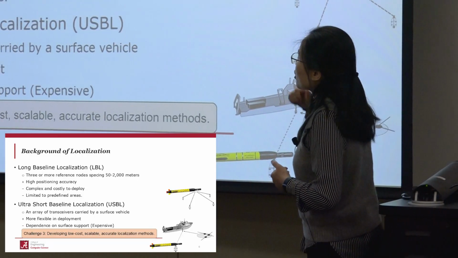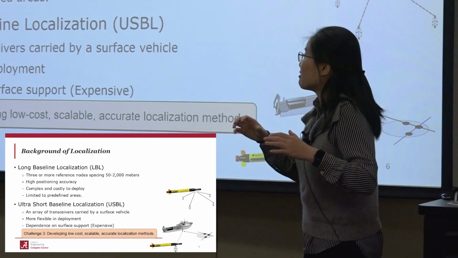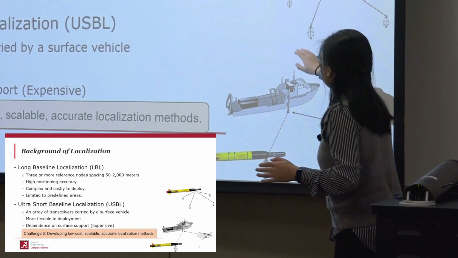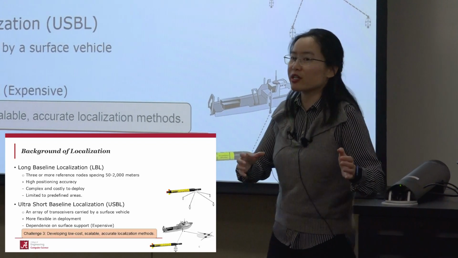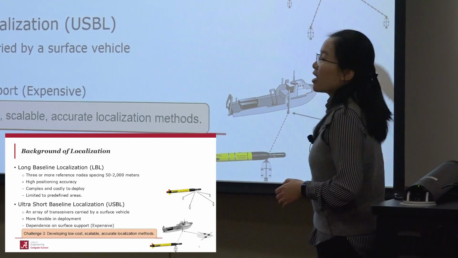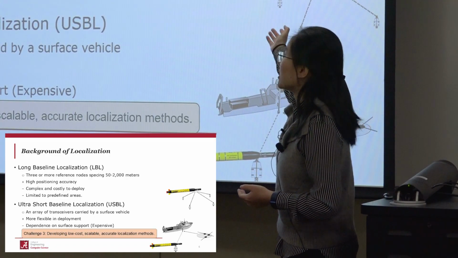Another limitation is that it is limited to the predefined area, basically within the coverage of those reference nodes. So if you have an AUV that operates in an area that doesn't have pre-deployed transponders, and we won't have GPS, we won't have a localization service with this.